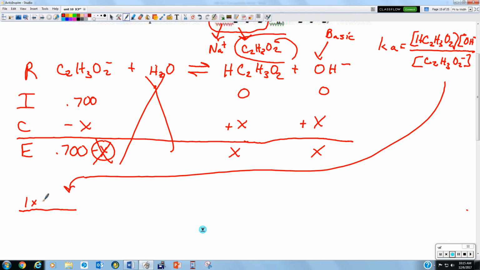I'm just going to put it all in one problem: 1 times 10 to the negative 14 over my Kb, which was 1.8 times 10 to the negative 5, equals x squared over 0.700. And then I solve for my x. So see what y'all come up with.